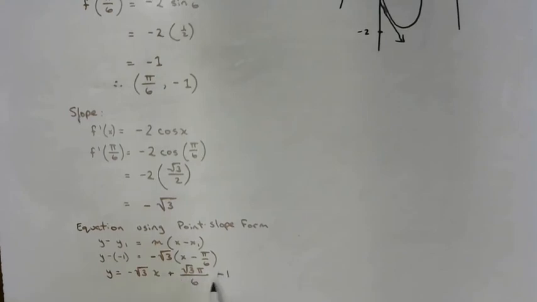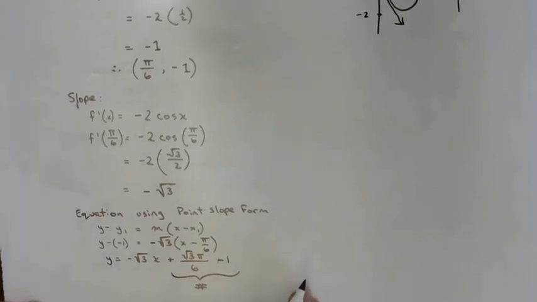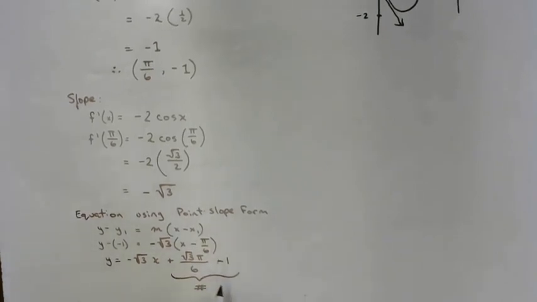If we want an exact equation, we would not simplify this further. If you only need to approximate, then you would probably group all of that. This is just a number, there's no variables in here. So if you needed to just approximate, then you would put those together. But I think we'll mostly be leaving them as exact answers.